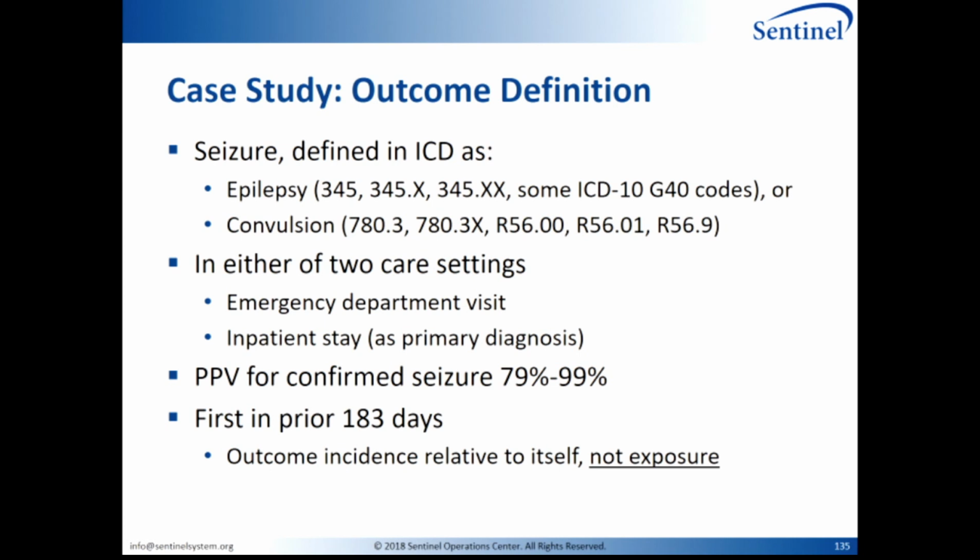In particular, I'd like to note that we define the outcome with a 183-day washout relative to itself, not exposure. Because of the way the self-controlled risk interval design works, you need to define the outcome relative to itself so that people cannot contribute outcomes in multiple windows. And we'll talk about that a bit later.